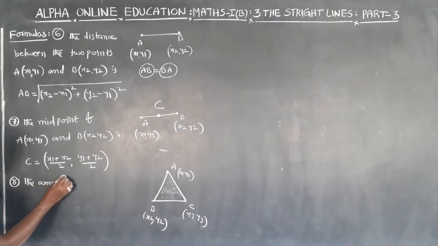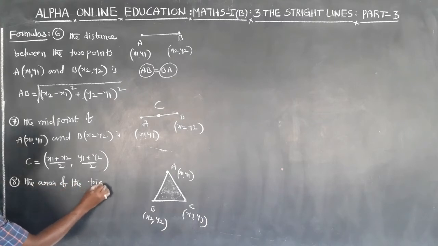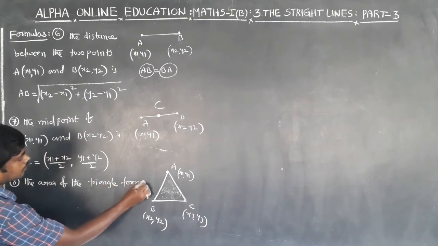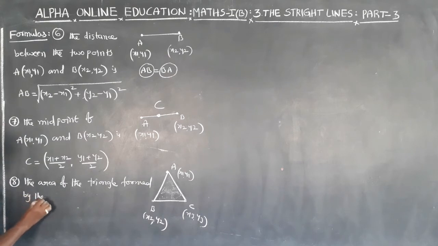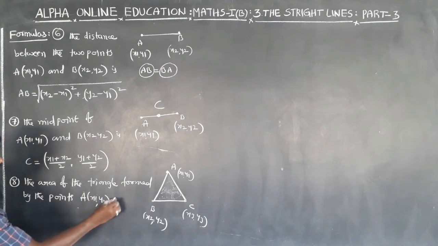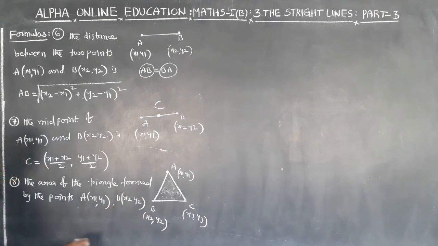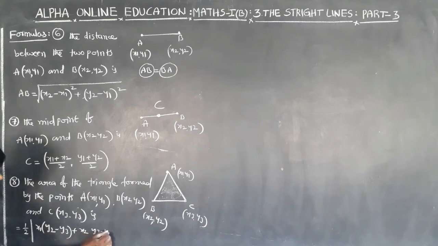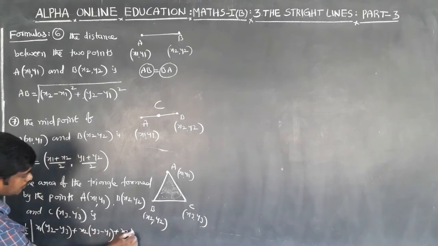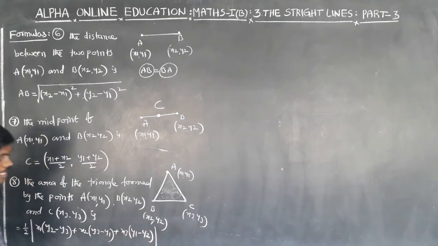The area of the triangle formed by the points A (x1, y1), B (x2, y2) and C (x3, y3) is half of mod of x1 into (y2 minus y3) plus x2 into (y3 minus y1) plus x3 into (y1 minus y2).